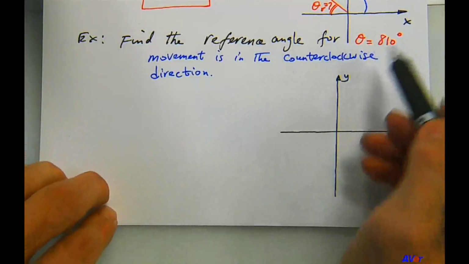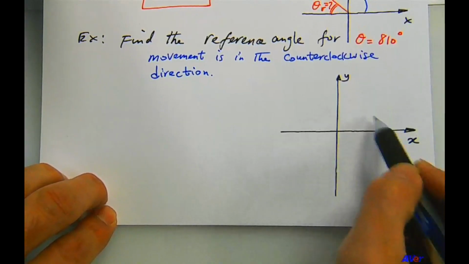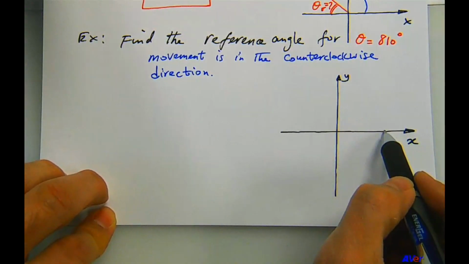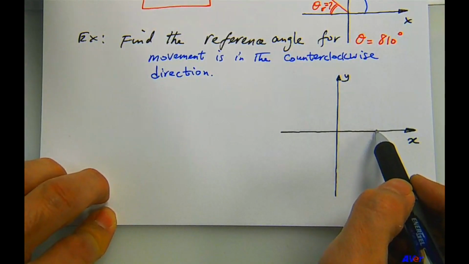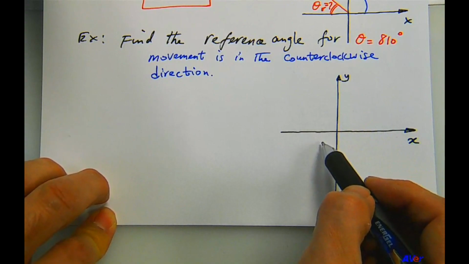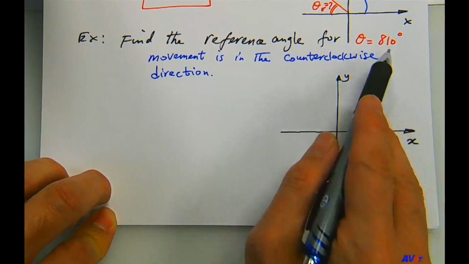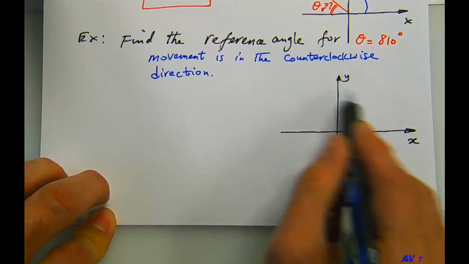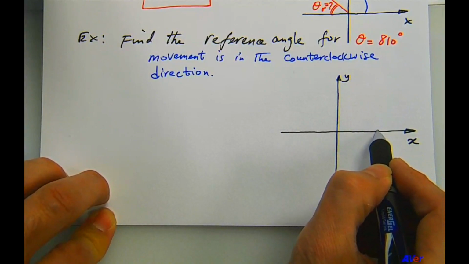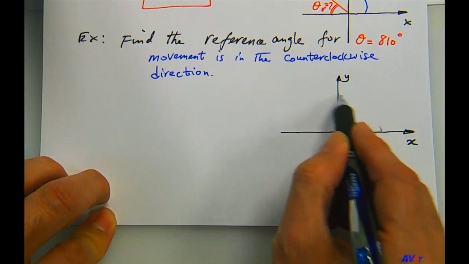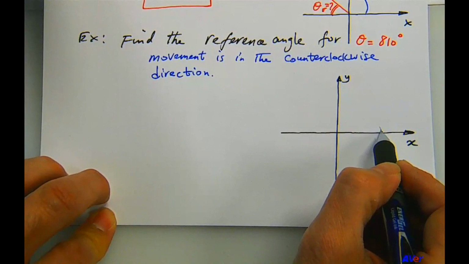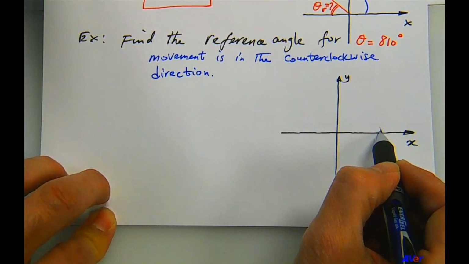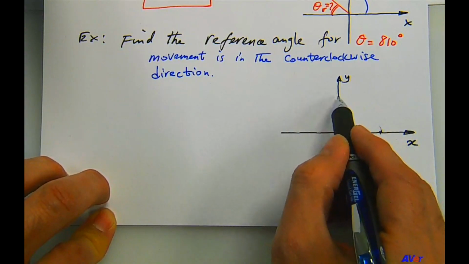So let's see. We know that one go around in the positive direction is 360, right? So twice that will be 720 degrees. And when we get to 720 degrees, then another 90 degrees will get to this, all in the counterclockwise direction.